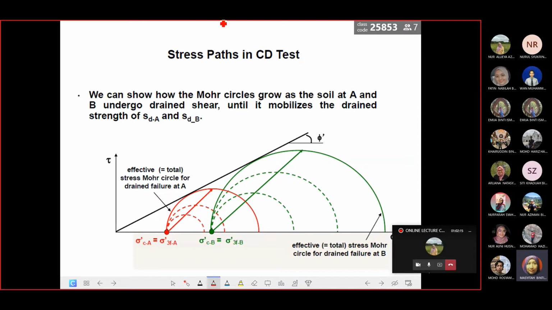Okay, just now we talked about CD, consolidated drained. Sorry, consolidated undrained. Now we have moved on to consolidated drained. So what makes the difference between CU and CD?